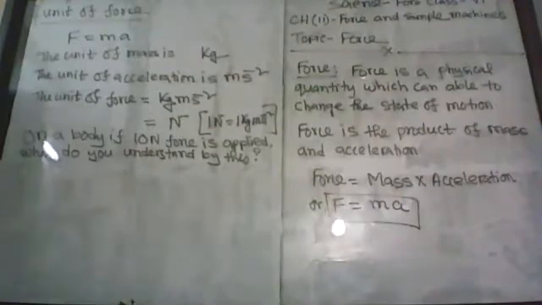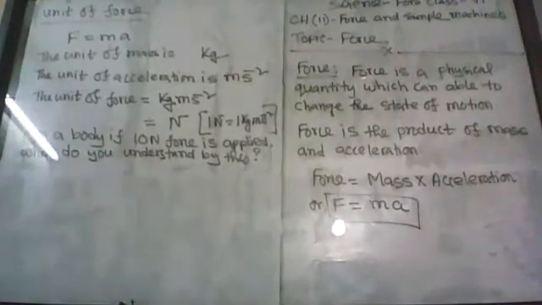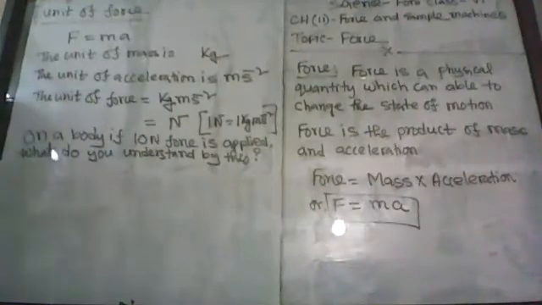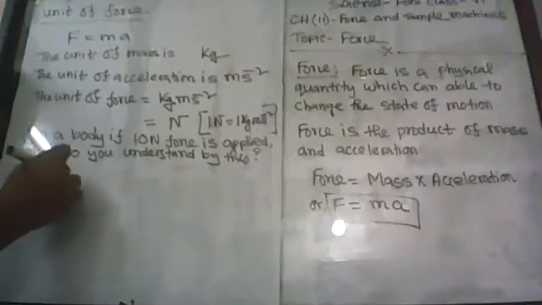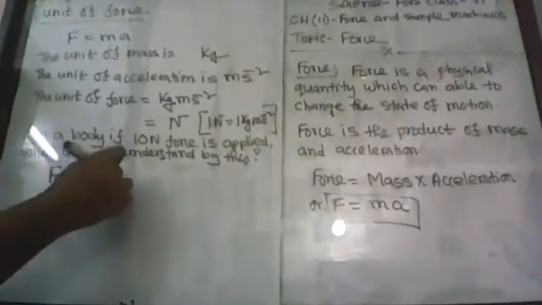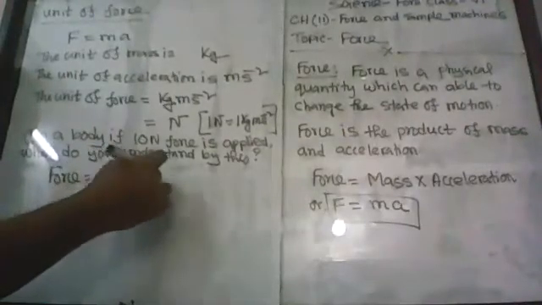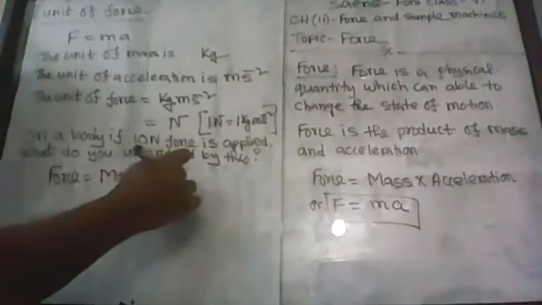To explain this 10 Newton force, you need to know the mathematical formula of force well. Force is the product of mass and acceleration, so F equals m into a.